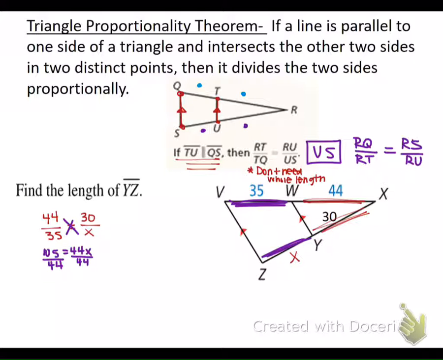What's 105 divided by... Oh, is that even right? Is that 1,050? I think I lost the zero at the end. Do 30 times 35. Is it 1,050? Yeah. Okay, so do 1,050 divided by 44.